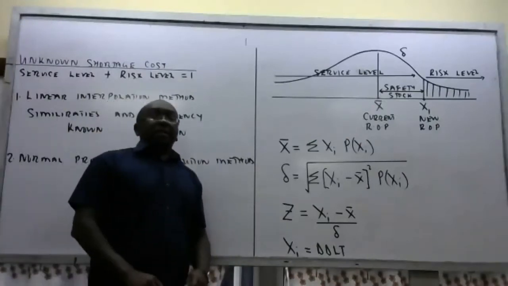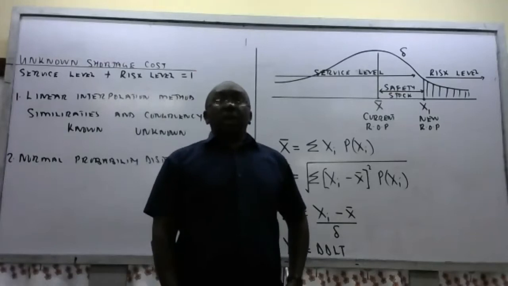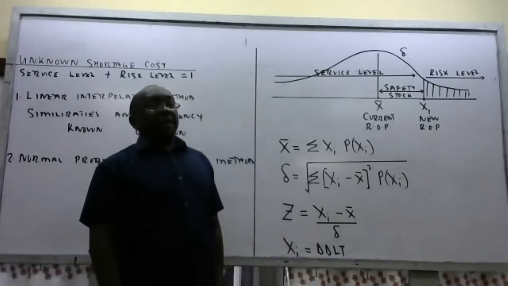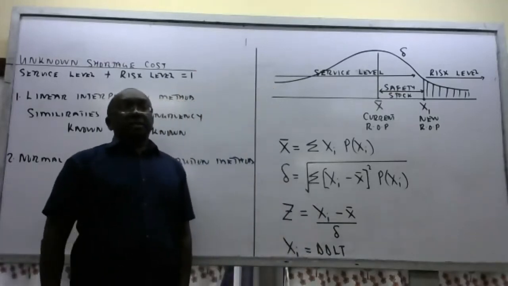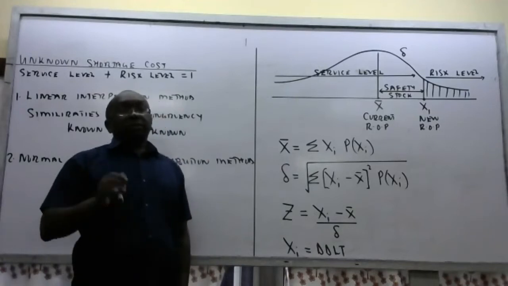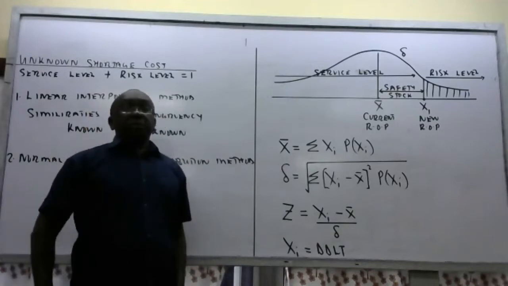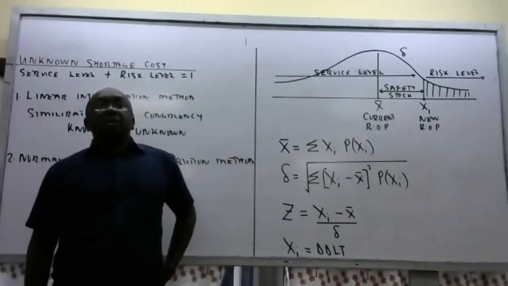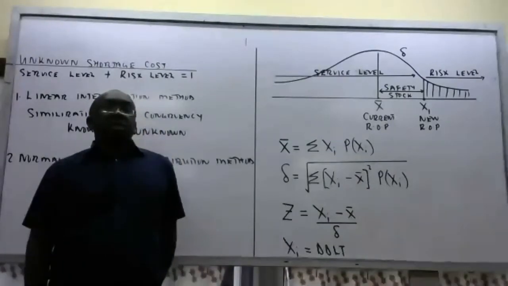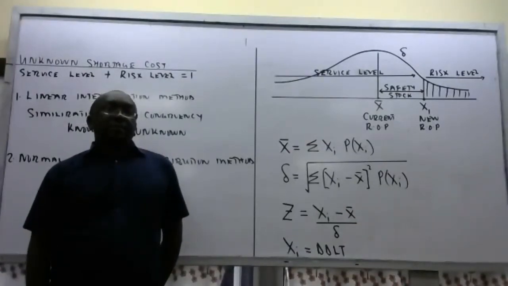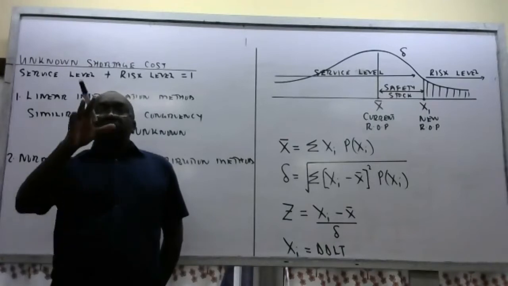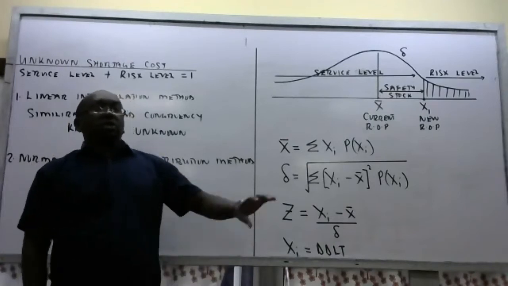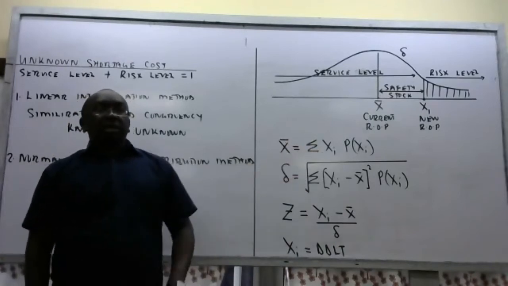So we are saying there are instances when it will be very difficult to estimate the shortage cost or completely impossible. Take a case of a building going up in flames simply because there was no fire extinguisher. So the cost of that building is the shortage cost of that fire extinguisher.